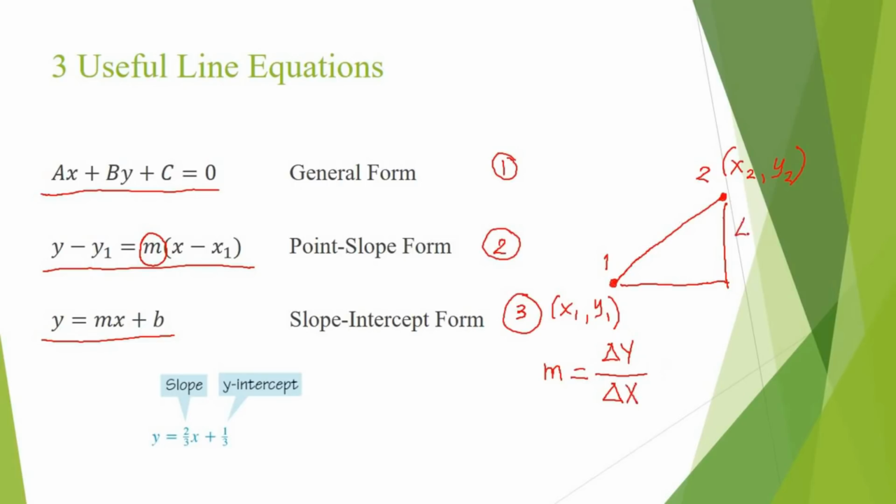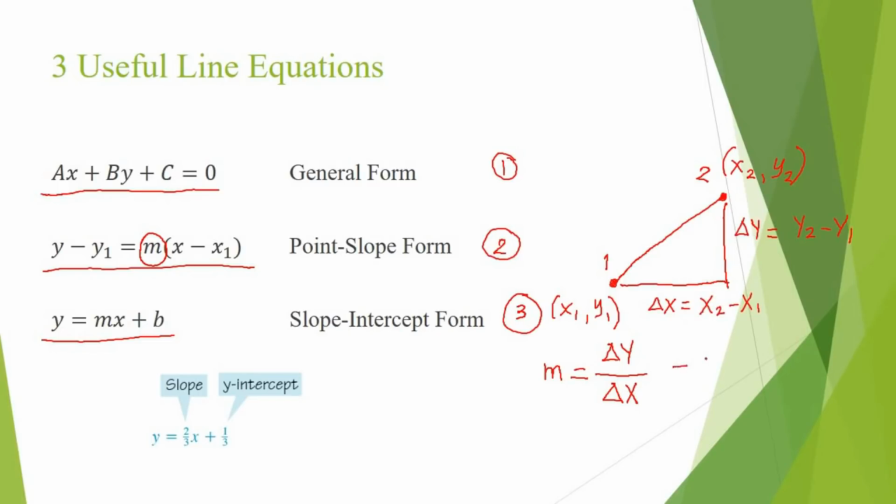We have here our delta y is equal to y2 minus y1, and our delta x is equal to x sub 2 minus x sub 1.